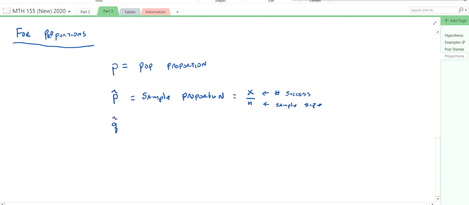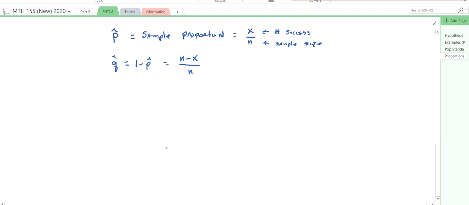Then, going along with that, Q hat equals 1 minus P hat, which we could also think of as our sample size minus the X values for success, so that's everybody else over N. So these are always binary in ideas.